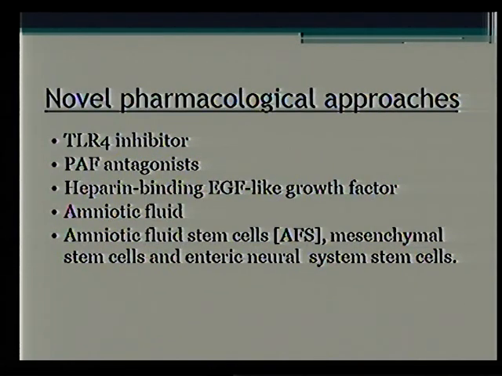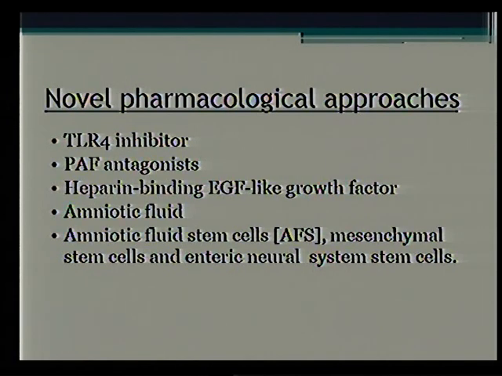So what are the newer treatment things? As we discussed the importance of toll-like receptors, toll-like receptor 4 inhibitors have been developed so far and are still at the research level, but yet to come into clinical practice. This is one of the most important things which is awaited. And of course, as we saw, platelet activating factor, antagonists are being developed against that.